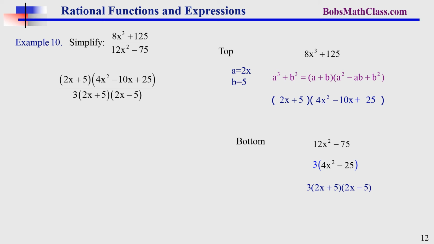Okay, so what cancels here? Just the 2x plus 5s. So now just rewrite everything that's left over, and you do not have to multiply the 3 on the bottom. You can, but normally we just leave it in factored form. You don't have to distribute anything. All right, we got a couple more examples, so hang in there.